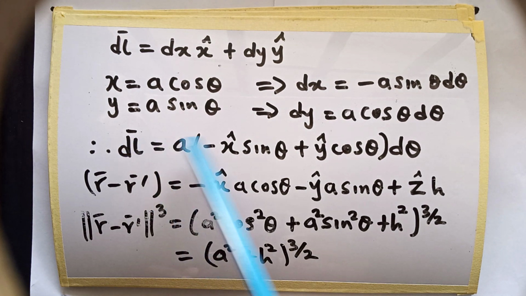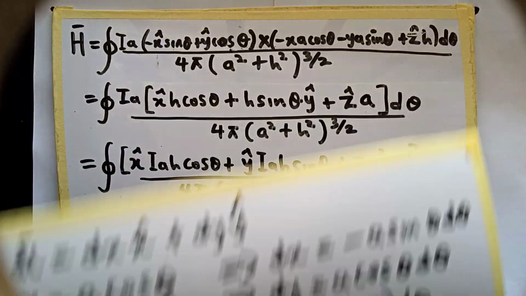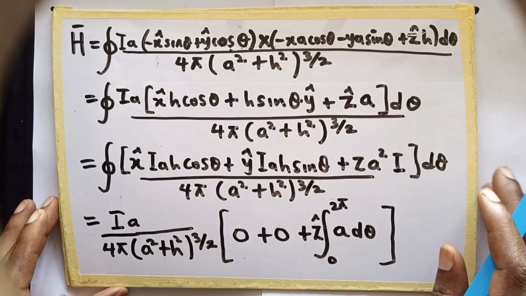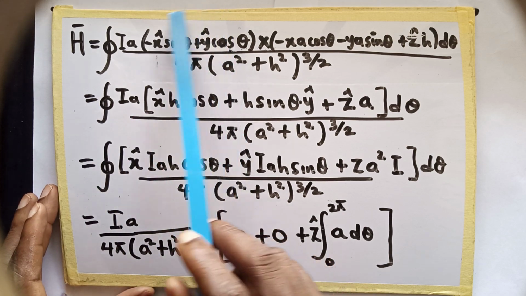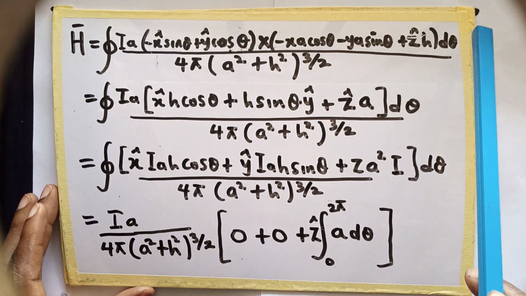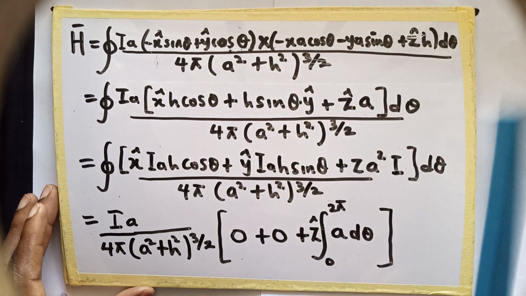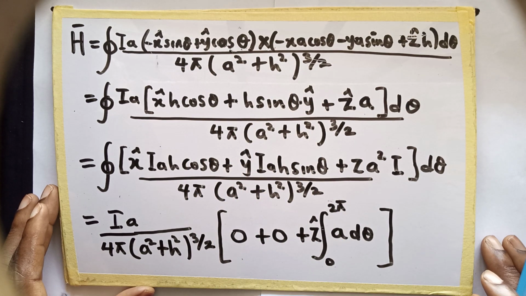Now that we have this expression and this expression, we can substitute back into the Biot-Savart law, which is given as H. From this point, we now see that this is my dl with d theta, and this is my vector position in terms of my x, y, and z axis, divided by 4 pi a squared plus h squared.